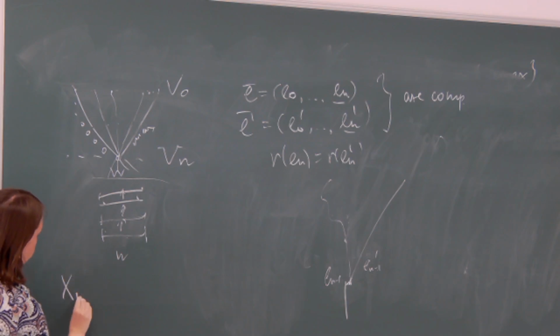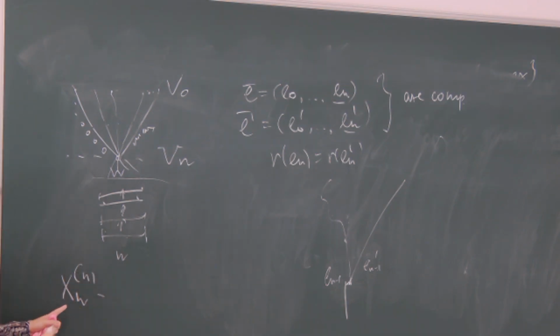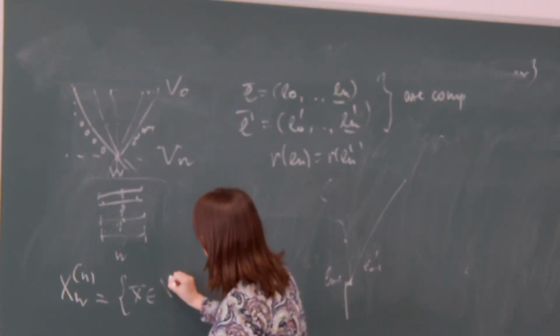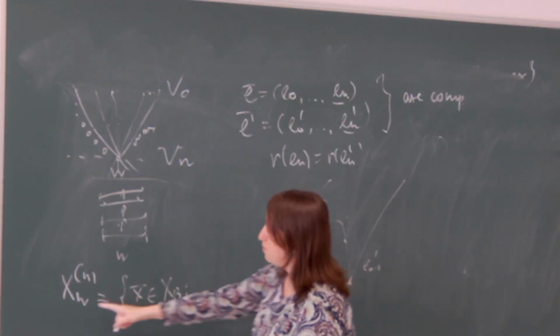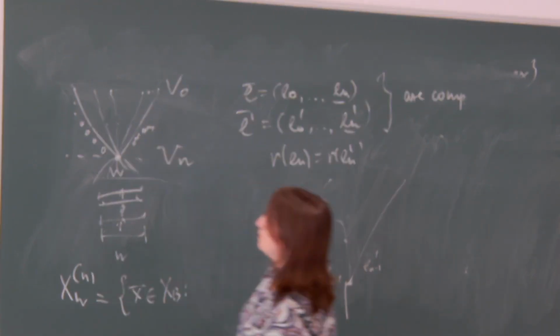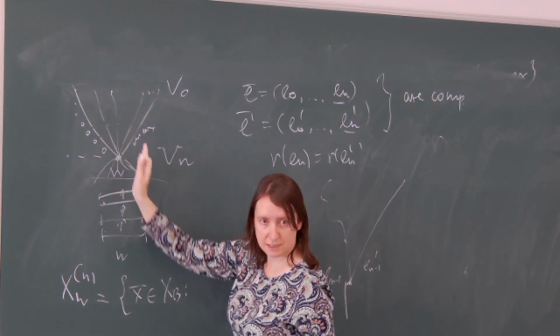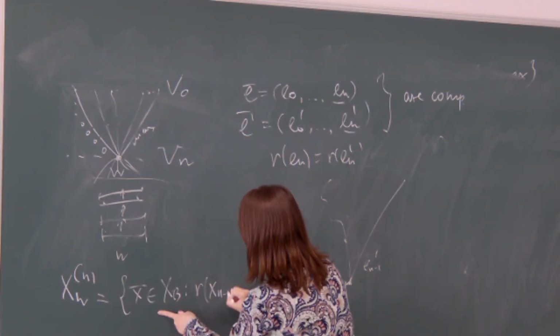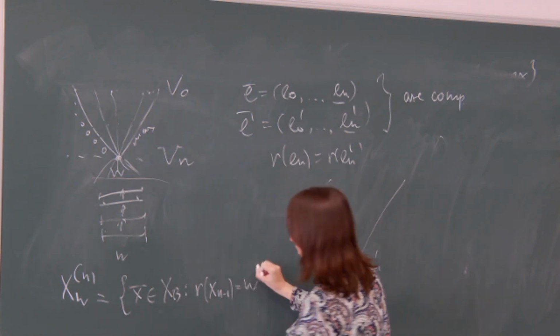Maybe we'll also need this. Let's denote by X_w^n the tower which corresponds to the vertex w on level n. In other words, it's the set of all infinite paths such that they pass through w. It's the union of these cylinder sets such that r(e_{n-1}) is w.